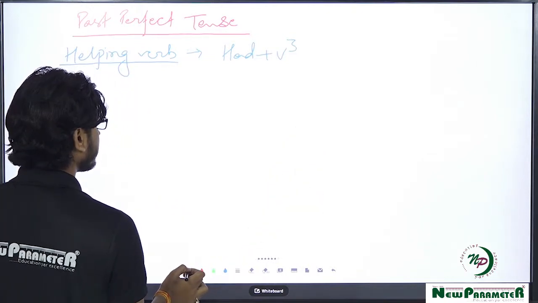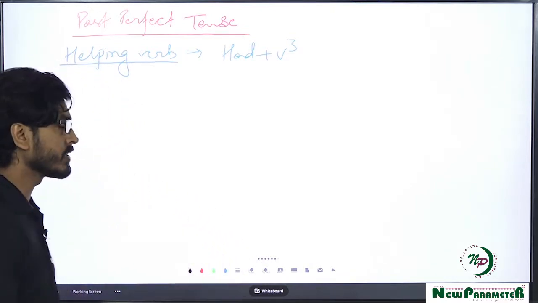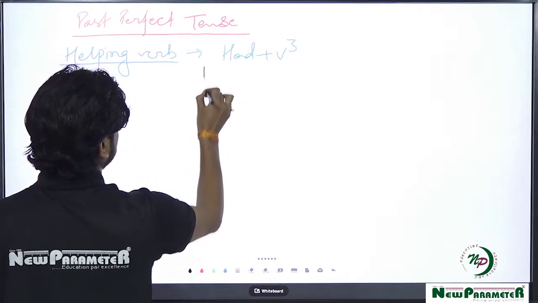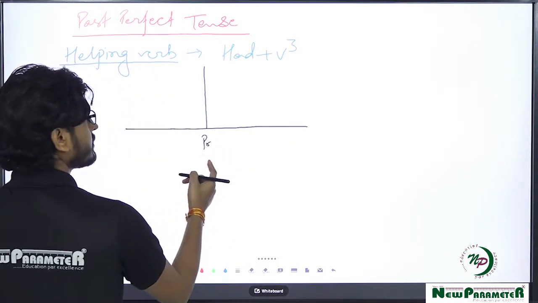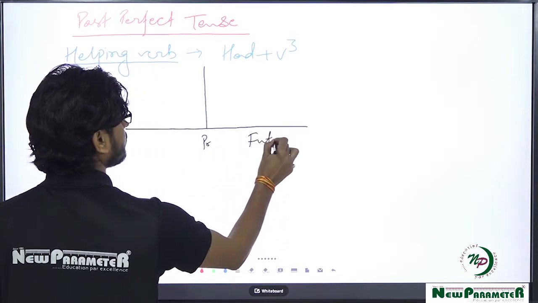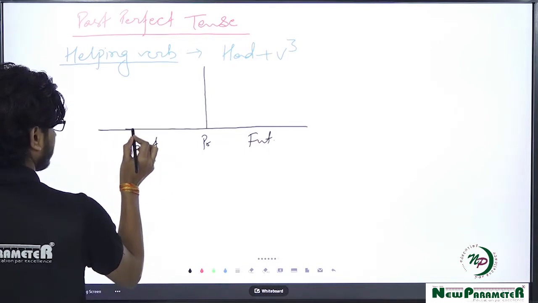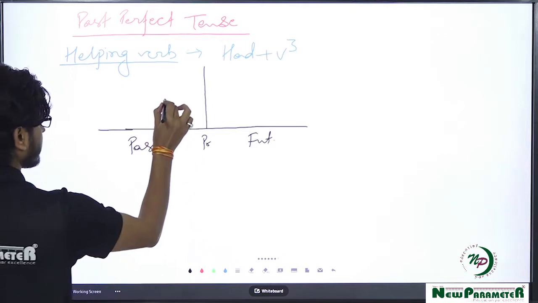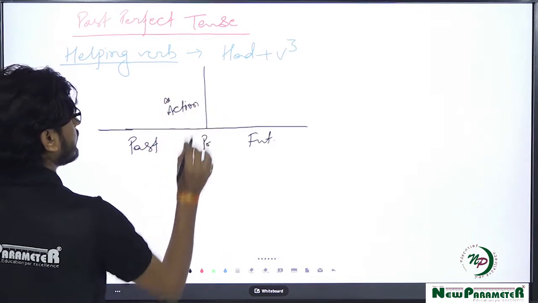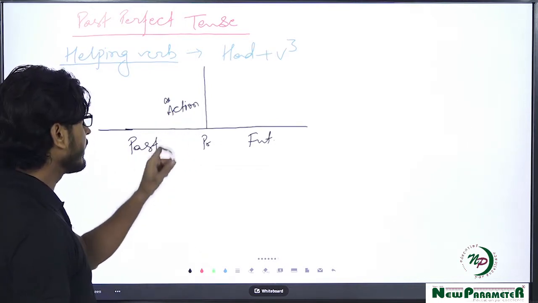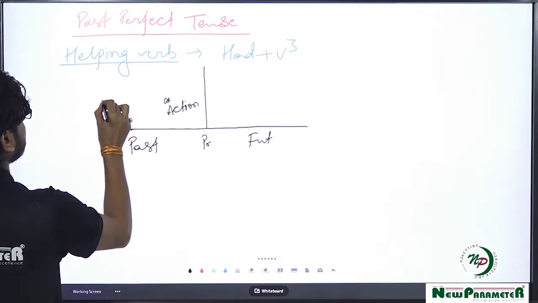Once again, I am just going to draw a graph. It will be very interesting. This is present, this is future, and this is past. An action was done in the past, and just before this action, another action was done.